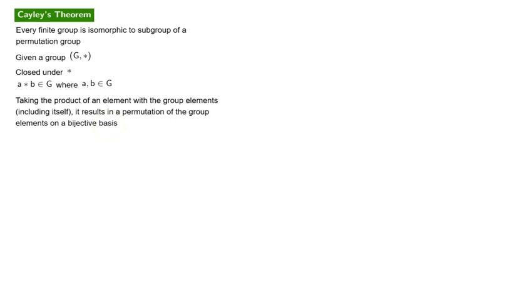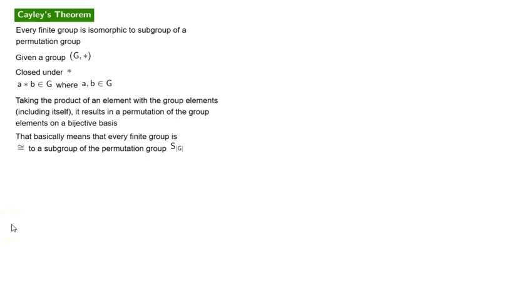So that basically means that every finite group is isomorphic to a subgroup of the permutation group S sub order of G. Let's understand this a little bit more clearly using an example.